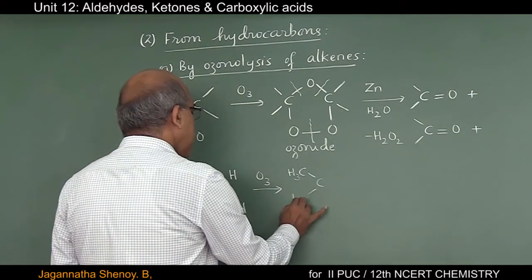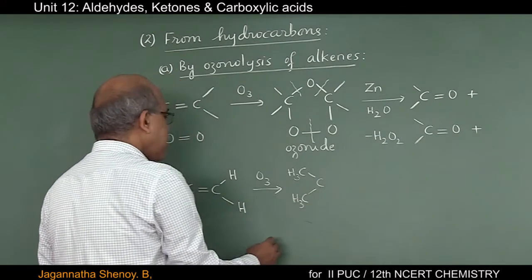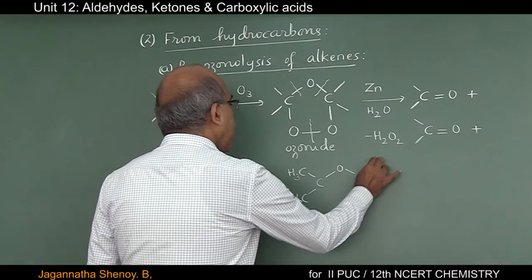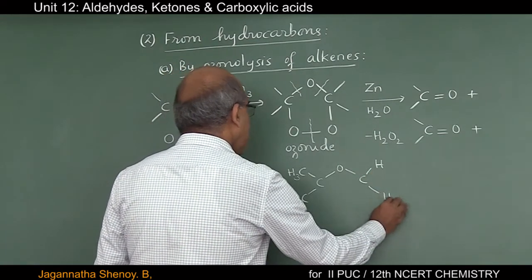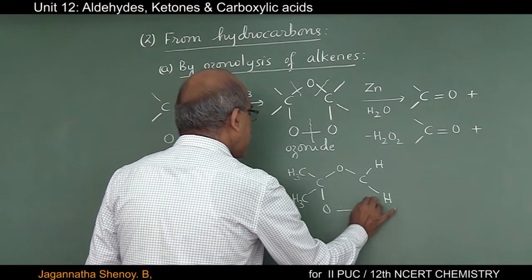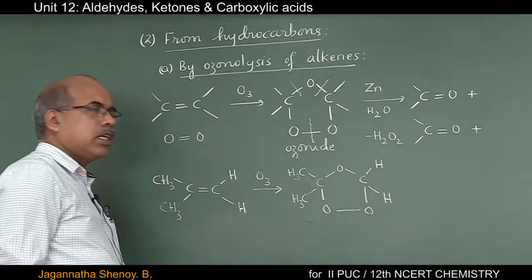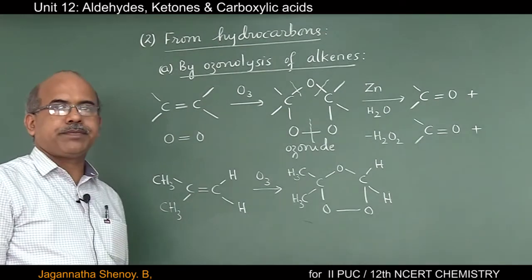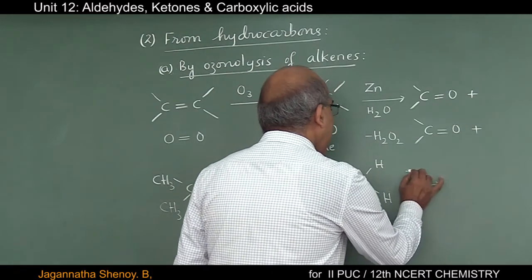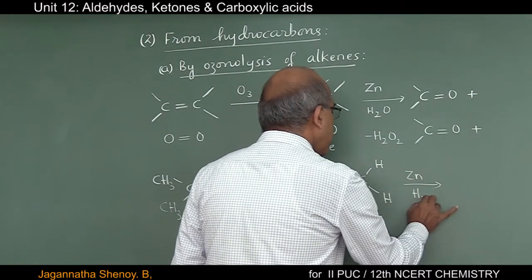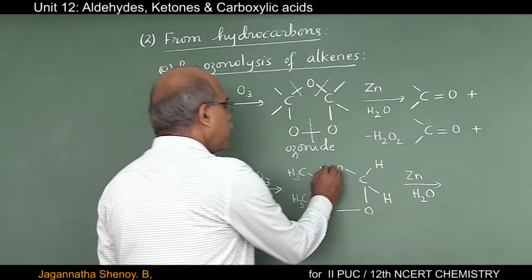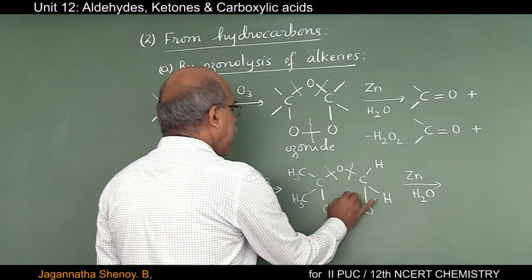You have a C and here you have CH3. Here single bond O, here it is carbon, and here you have hydrogen and here you have hydrogen, and here two oxygens are added across the two carbon atoms. And then in the presence of zinc and water, the ozonide has to undergo decomposition. So when it undergoes decomposition, it is like this.